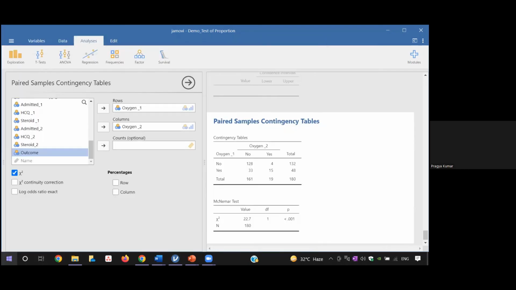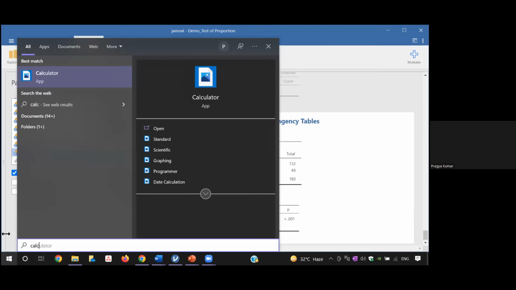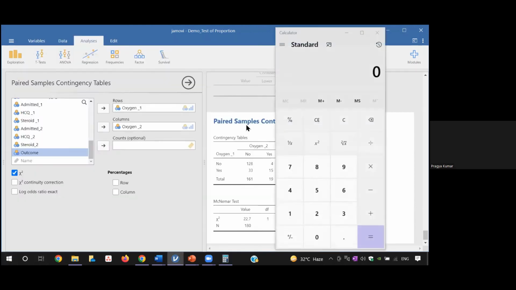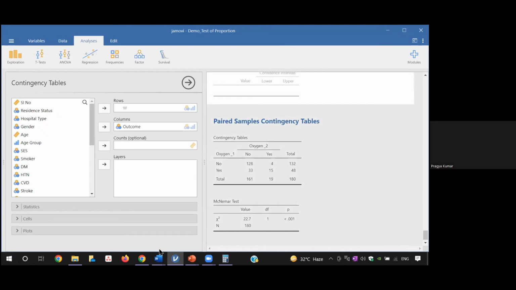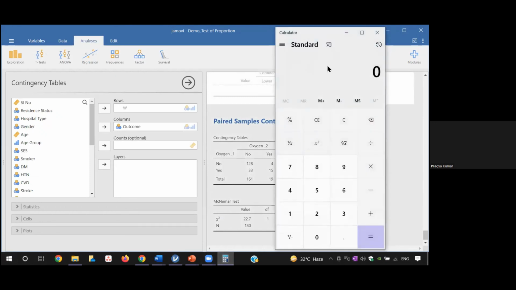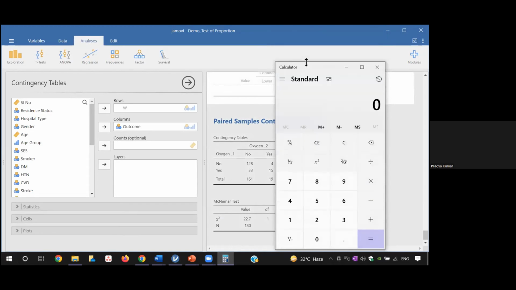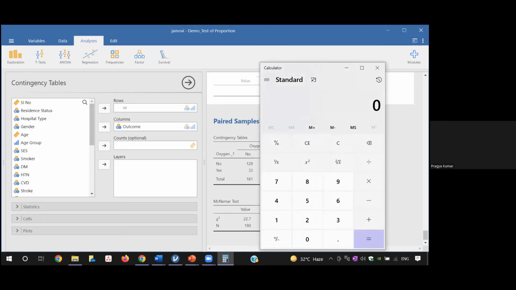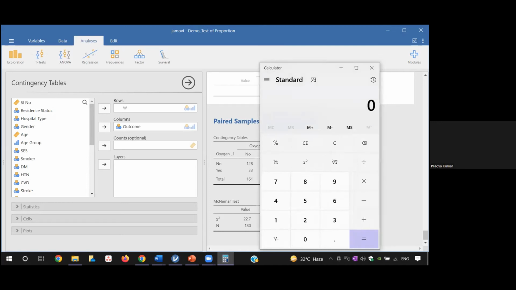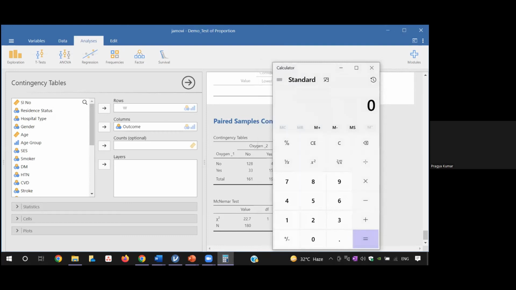I will show with the calculator. So this is the calculator. So before, just a sec, I'll shift this. This you can see, this was the total, if I see the marginal proportion.